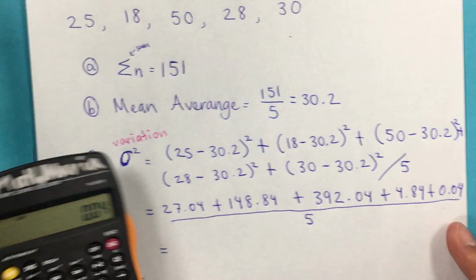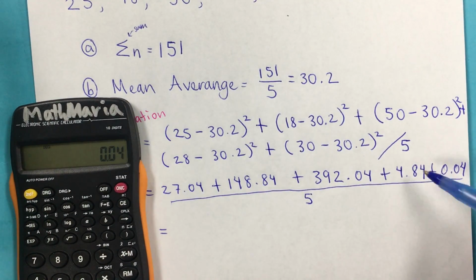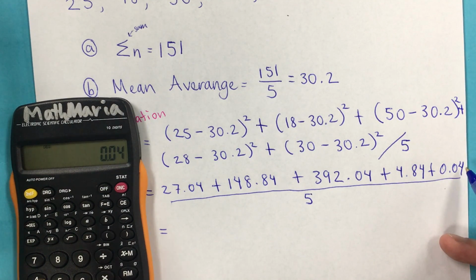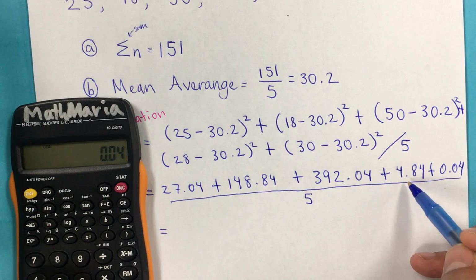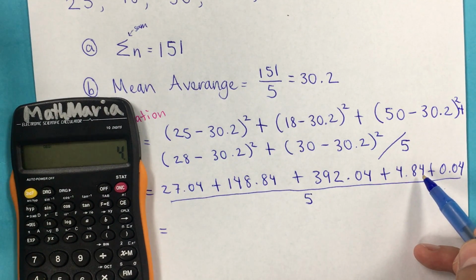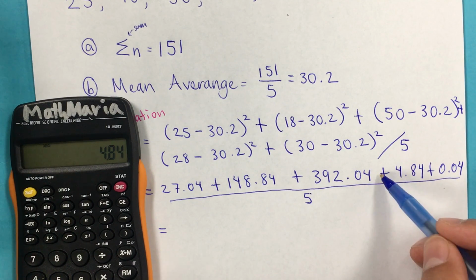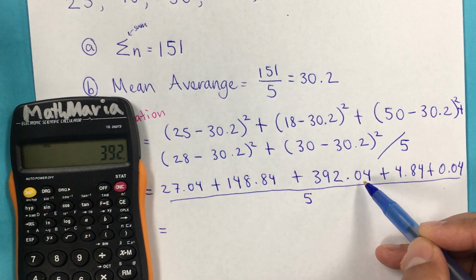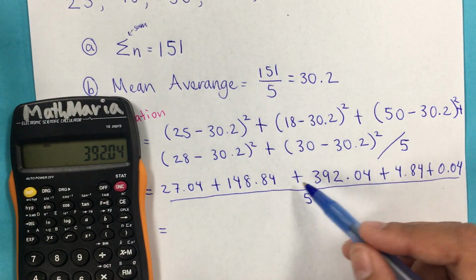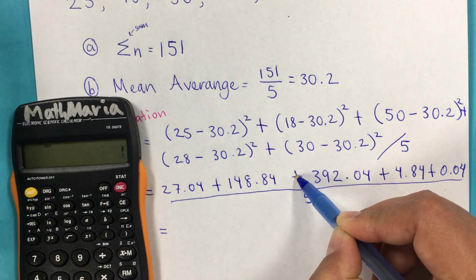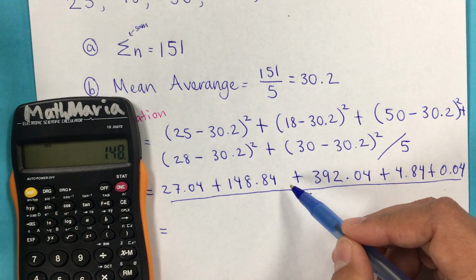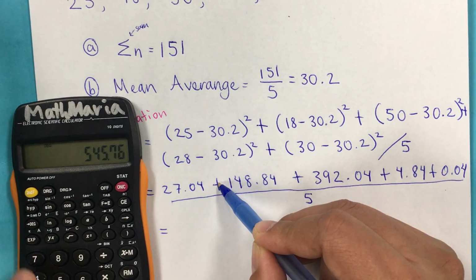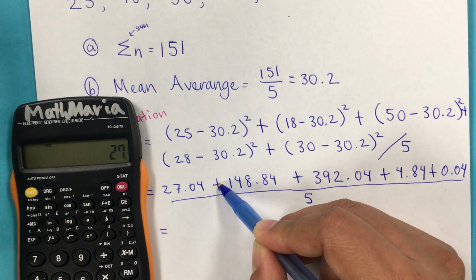So now, maybe I put it over here. Let's add it since I already have the value. Let's add 4.04, which is already there, plus 4.84 plus 392.04 plus 148.84 plus 27.04.